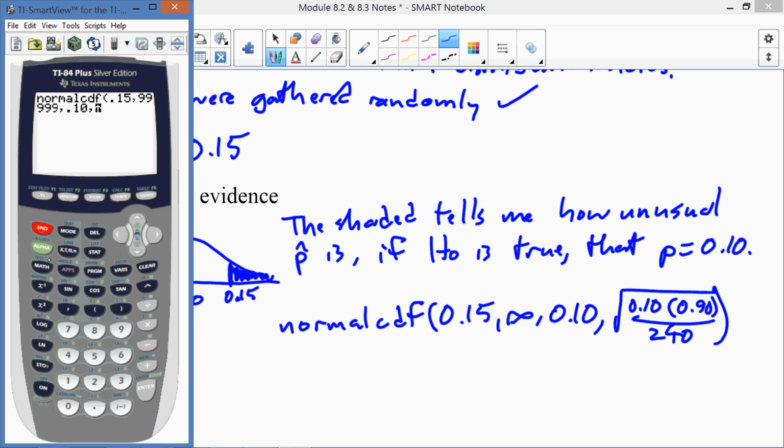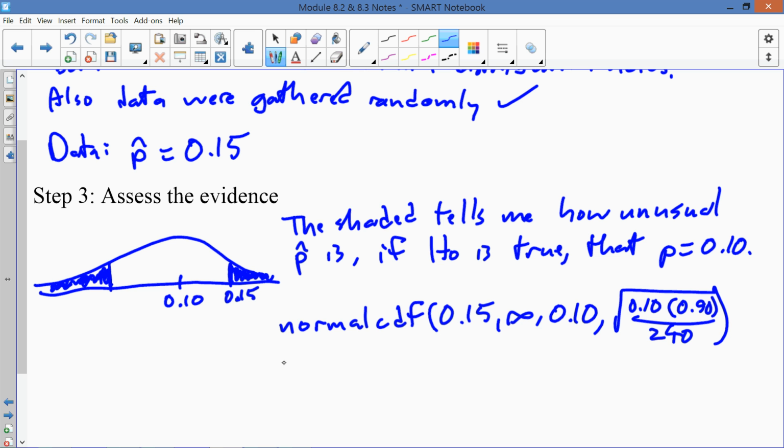And then the square root of 0.1 times 0.9 divided by 240. I hit enter, and I get about 0.005. So I'm actually going to say 0.0049.